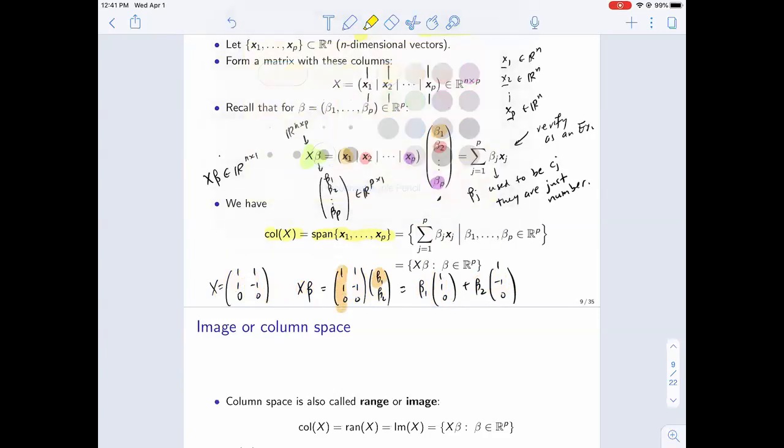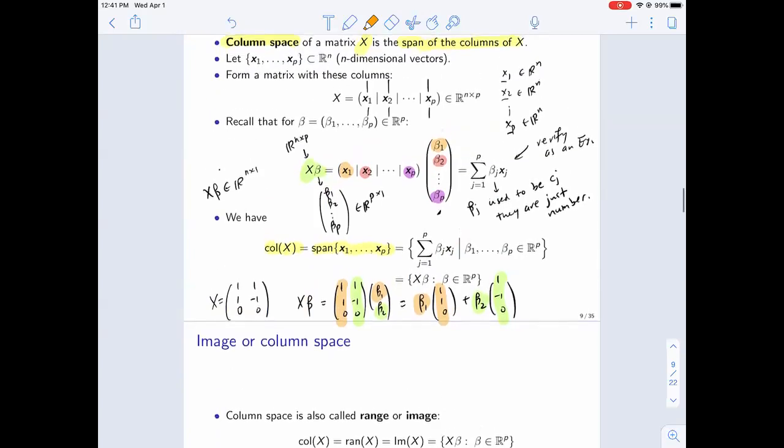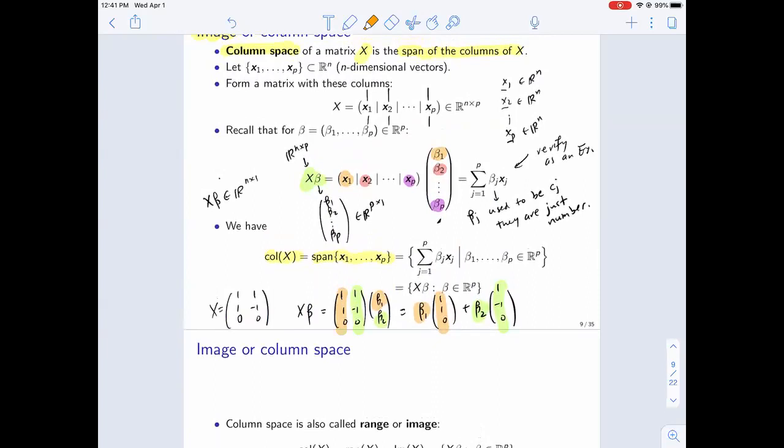So that's one way of doing matrix multiplication. When you multiply a matrix by a vector, the result can be expressed as scaling each column by the corresponding beta and then adding up the result. You may not have seen this before, but this is a very useful property of matrix-vector multiplication.